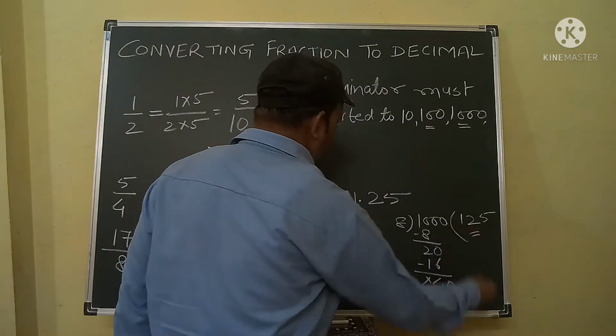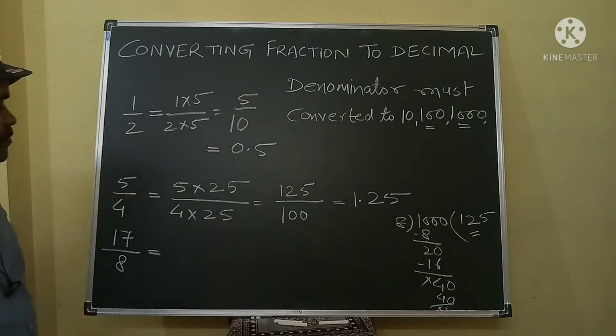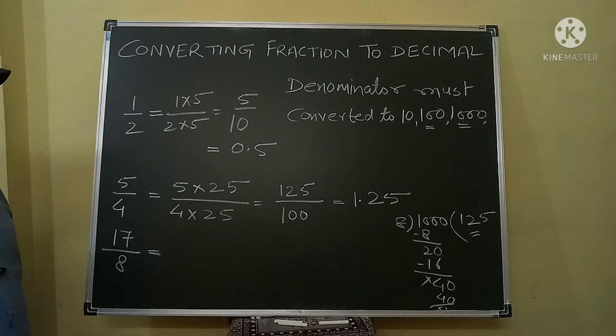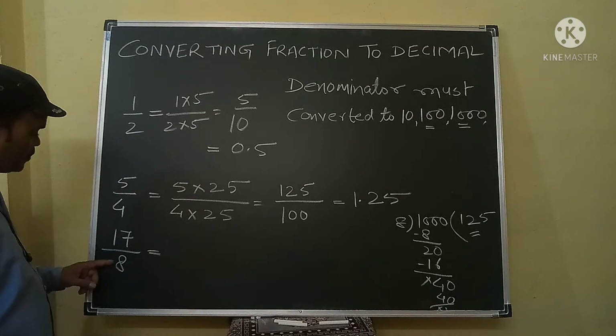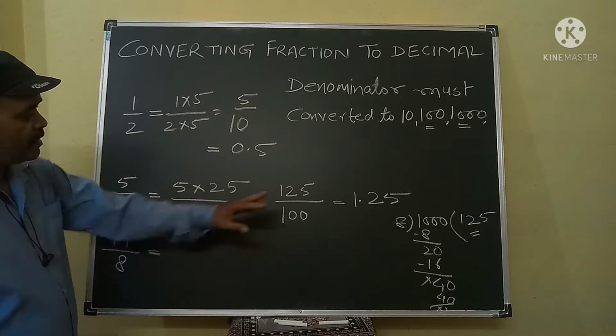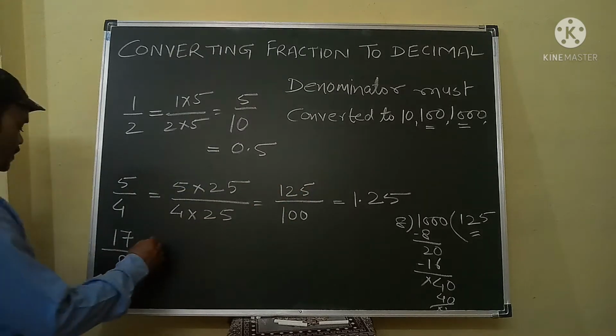That means the quotient is 125. So in numerator and denominator, we will multiply by 125.